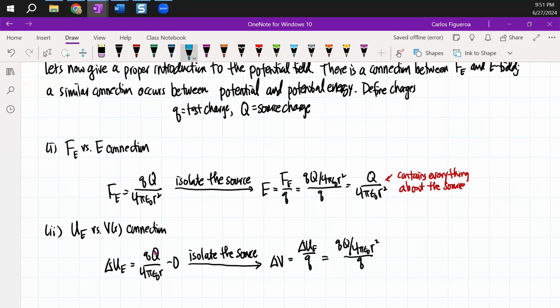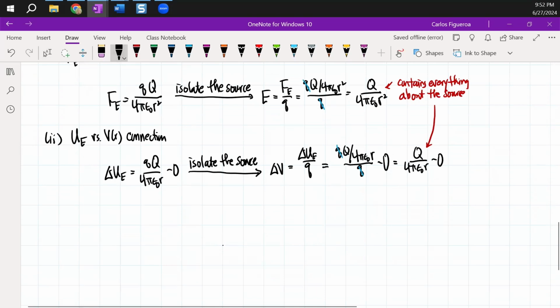And just as we saw above, these q's cancel out, and by the way, I put a square here, which was not correct. So that leaves us with Q over 4 pi epsilon r minus 0. Once again, it contains everything about the source.